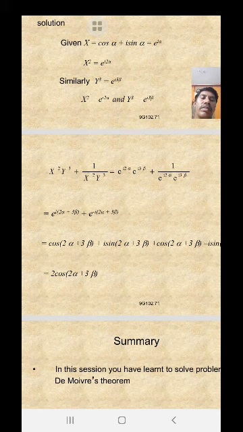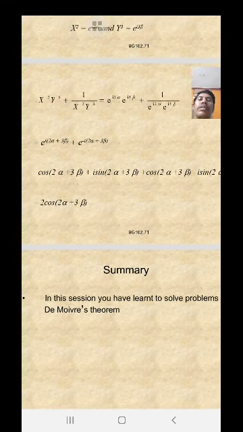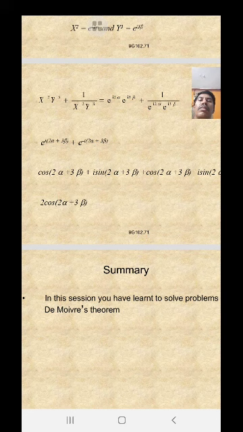So we can write e power i 2 alpha into e power i 3 beta plus 1 by e power i 2 alpha into e power i 3 beta, and that equals e power i of (2 alpha plus 3 beta) plus, the denominator goes upside, the power is negative, so e power minus i of (2 alpha plus 3 beta).